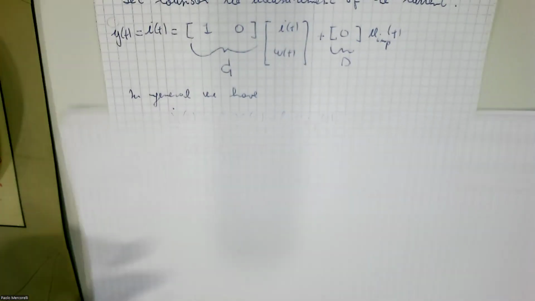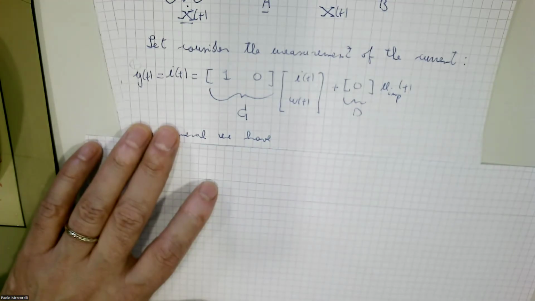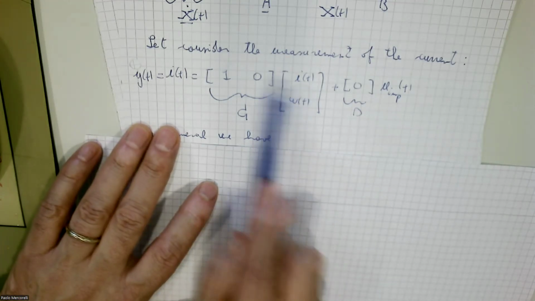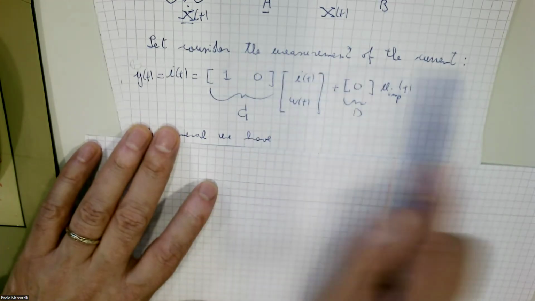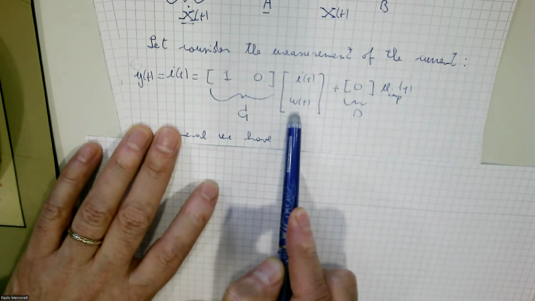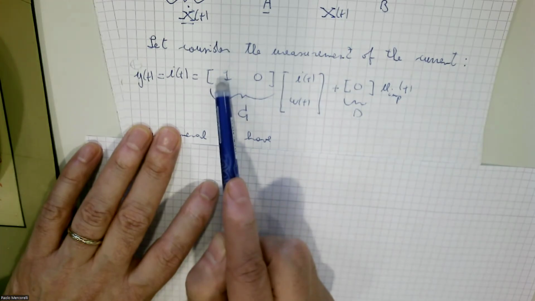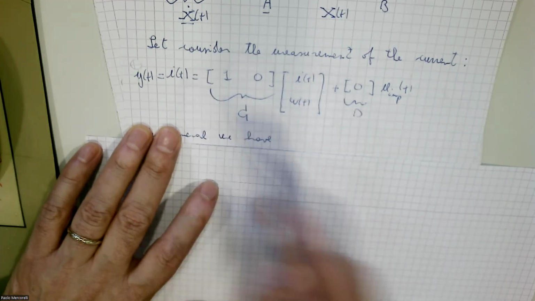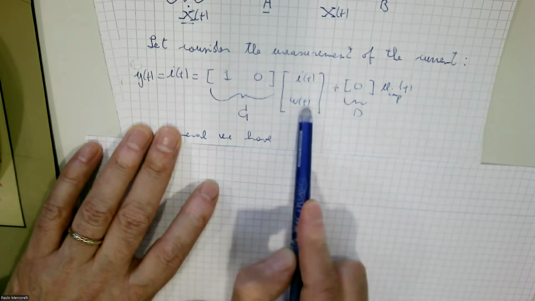Anyway, here, do you remember the idea, assuming that I want to have in output the current. In our case, the output is the measurement output. Of course, I can measure also omega, the velocity. This means the matrix is 0, 1 in this case. But assuming that I measure the current, I want to estimate omega.